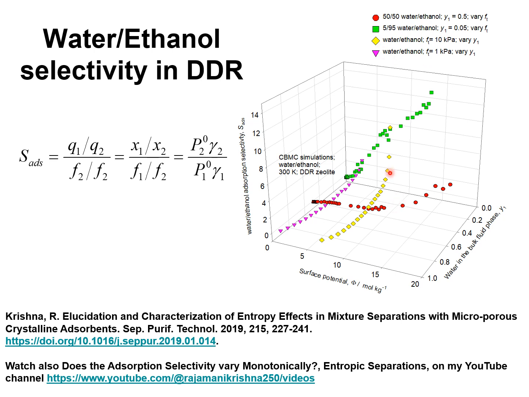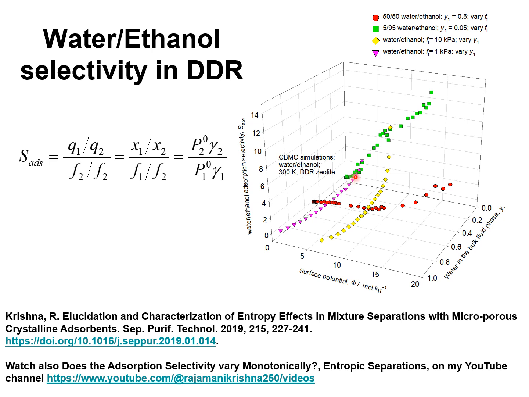The yellow diamonds are the data for water ethanol mixtures at a total fugacity of 10 kilopascal, and the composition in the bulk fluid phase mixture is varied.